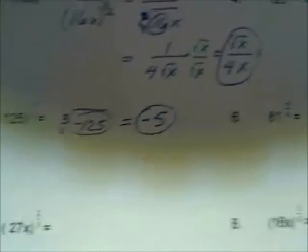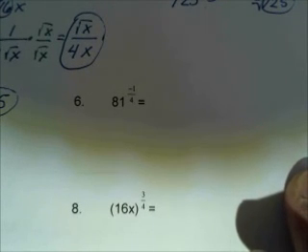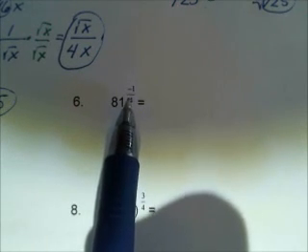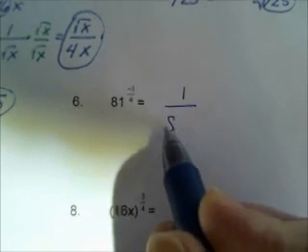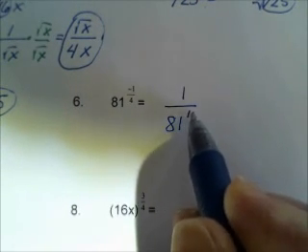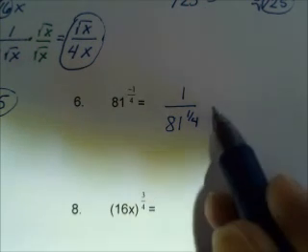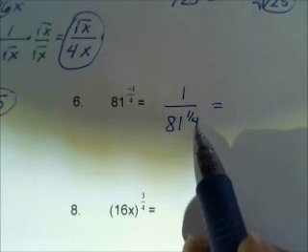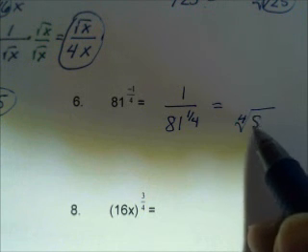Number 6. 81 raised to the fractional exponent negative 1/4. Take care of the negative first. We'll rewrite it as 1 over 81 to the positive 1/4. The denominator of our fractional exponent is our root, so that means the 4th root of 81.